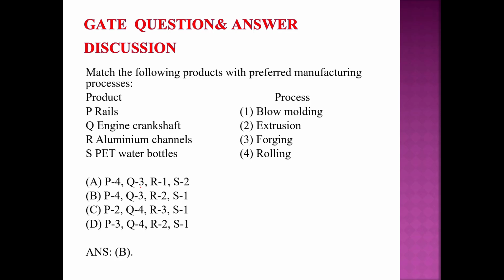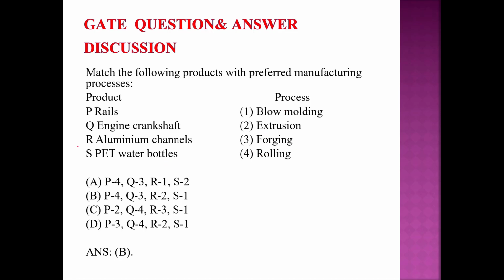The next one is match the following. Match the following product with preferred manufacturing processes. One side is product, another side is process. Rails, engine crankshaft, aluminum channel, PET water bottle. Process: blow molding, extrusion, forging, rolling.